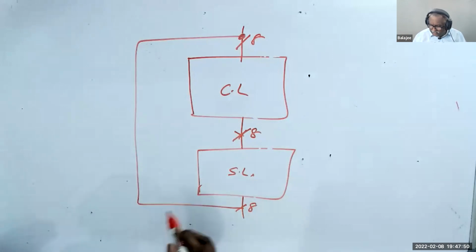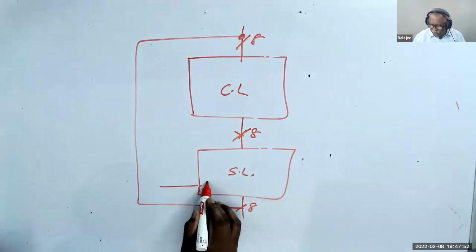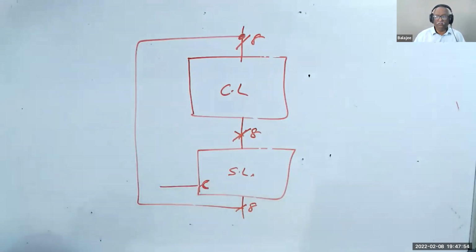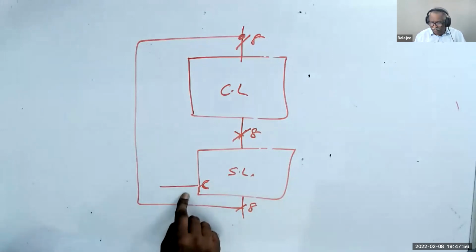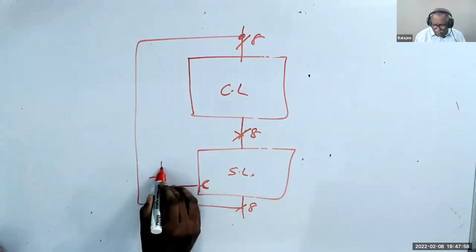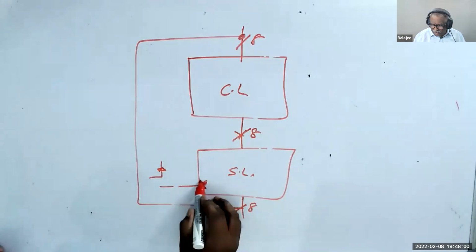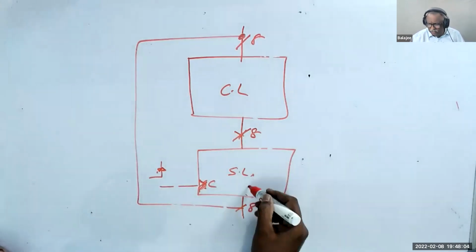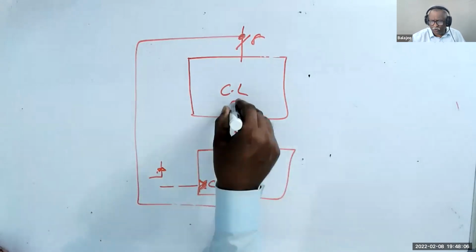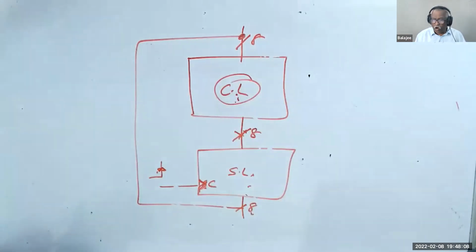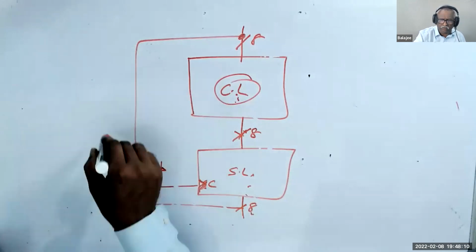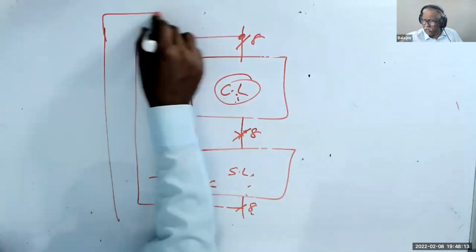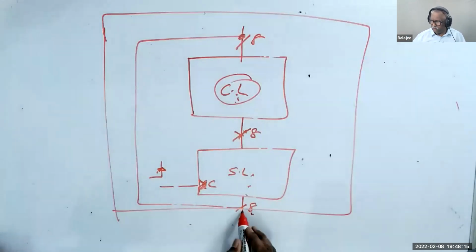There is a signal here called C. Whenever C comes with a rising edge, this guy will increment. This guy does not increment, he will pass from here to here. But this guy is the one who is incrementing. The combination of these two together is called a counter.